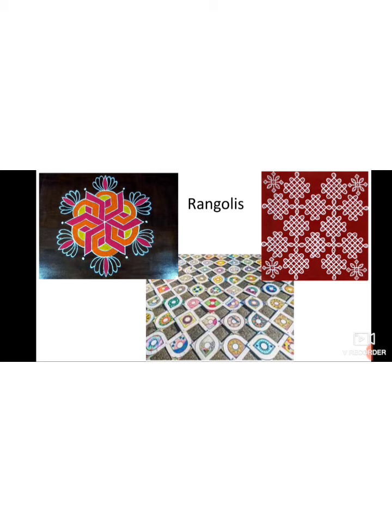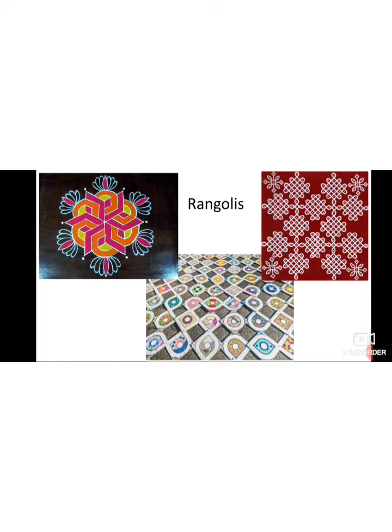The rangolis that your mothers may draw in front of the house have so many geometrical figures: rectangle, triangle, bands, semicircles, circles, oval, oblongs. All these are repeated in such a way that it forms a beautiful pattern.